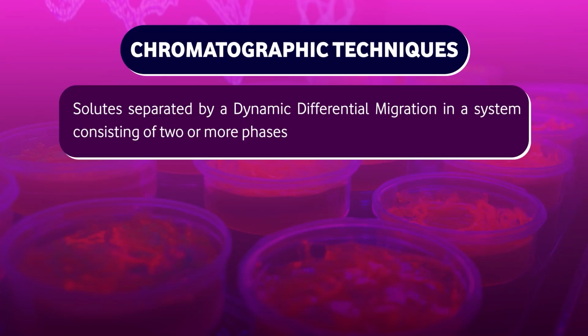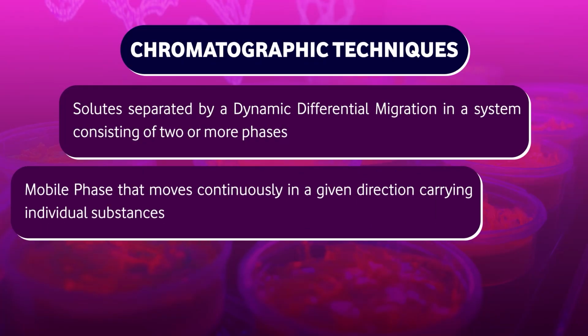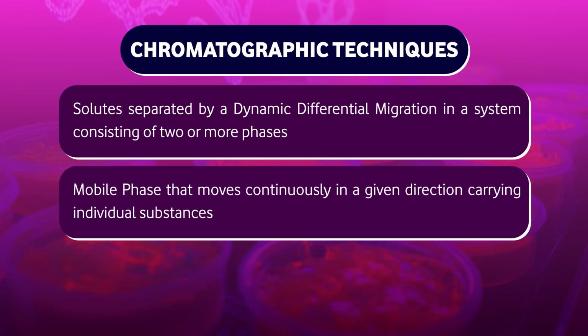How does it happen? There are two phases. One is the solid phase, the other is either liquid or gas. So there are basically two phases with which the material of interest is in contact. The constituents will be moving continuously in a given direction, and they will be in touch with one phase which is solid always, and the other phase either liquid or gas.